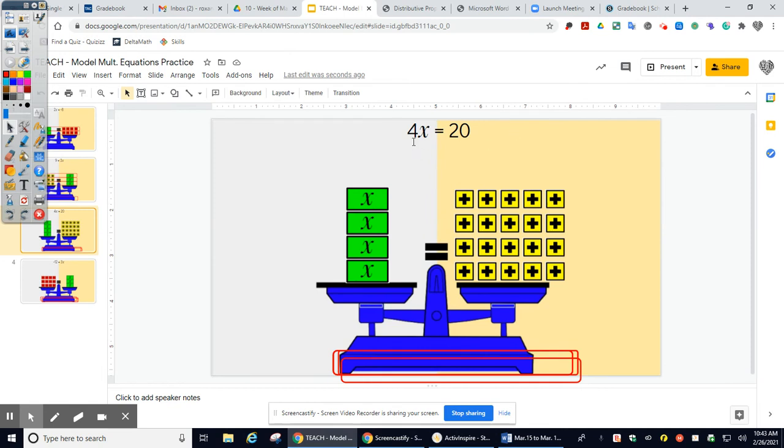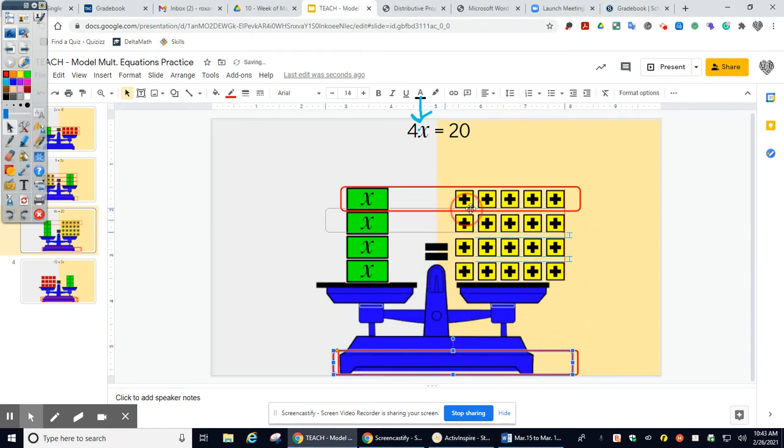All right, we're going to do that again. We see here we have 4x, which is really 4 times x, equals 20. So the opposite of multiplying by 4 would be dividing by 4. So we're going to take our picture and divide it equally into 4 groups.